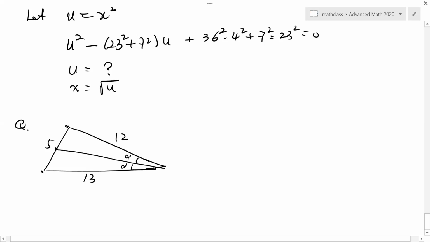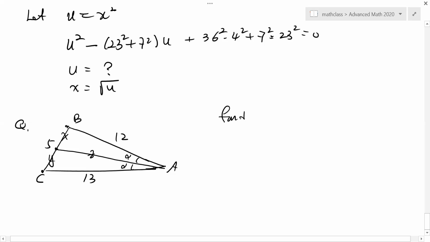Now, this is A, B, and C. What I want to find out is this side is X, this side Y, this kind of thing.